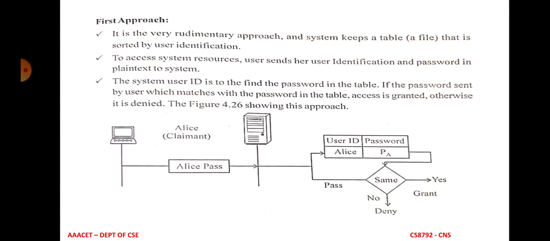If the password matches the one entered by the user, then only the system enables the user to access the particular system resources. Otherwise it displays an invalid username or password message, since the password does not match the username, right? So this is the diagrammatic format.